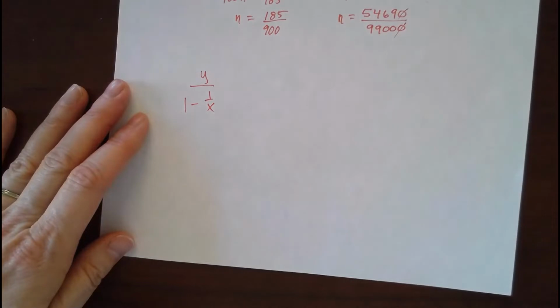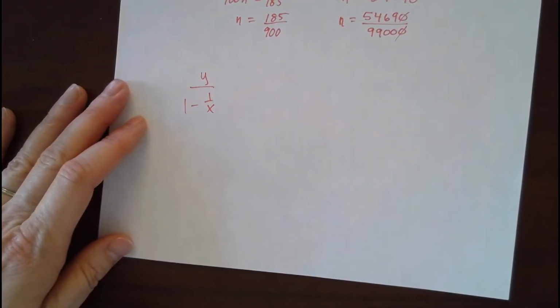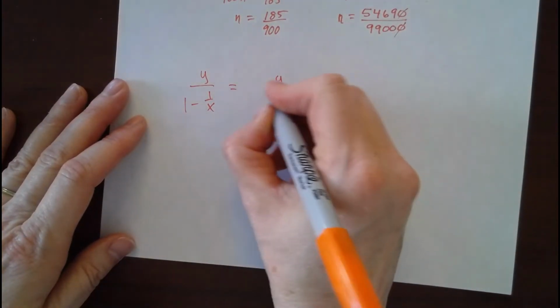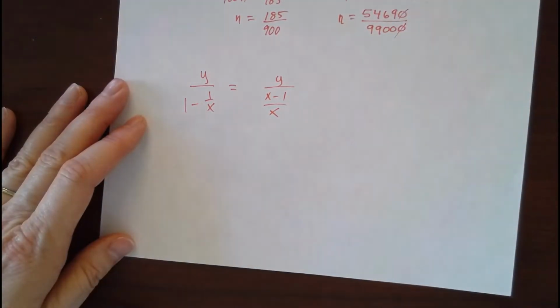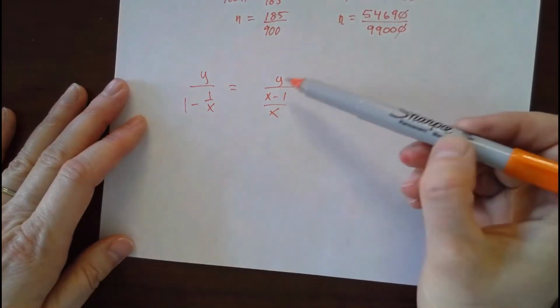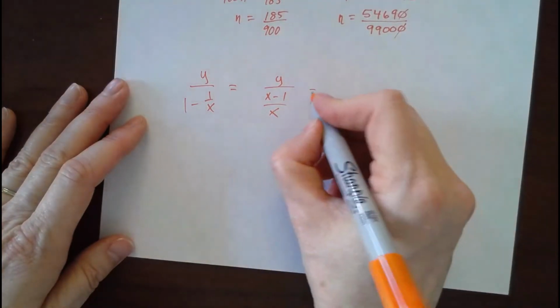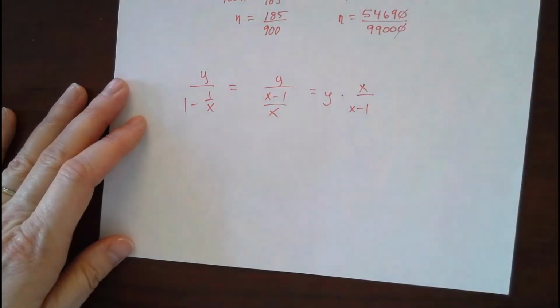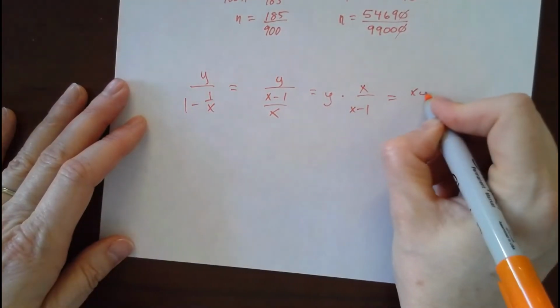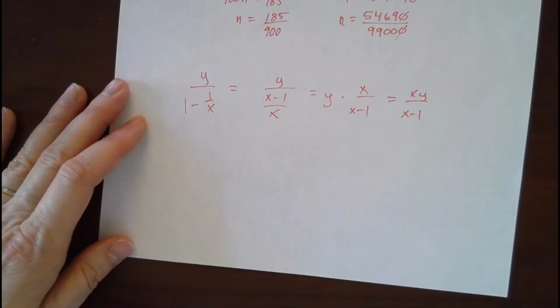So Josh's idea is rewrite the denominator as a single fraction. So we could rewrite that as x minus 1 over x. Okay, and then after you have that, you go, oh, well, if I have something divided by a fraction, that's just the same thing as the numerator multiplied by the reciprocal of the denominator. And so I would get xy over x minus 1. So it simplifies to that.